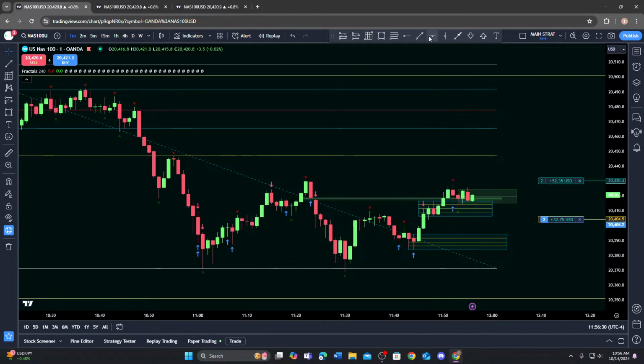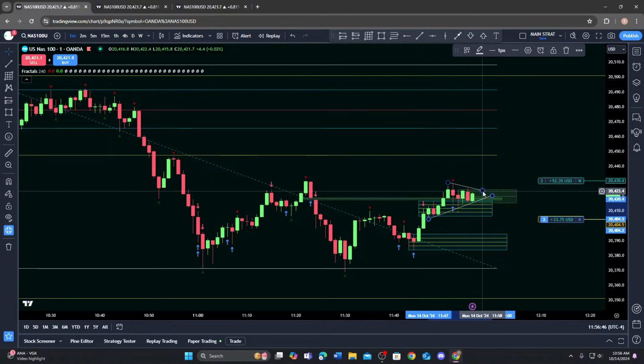Some of this, for retail logic, would be a bullish flag pattern, or a pennant, or a triangle.